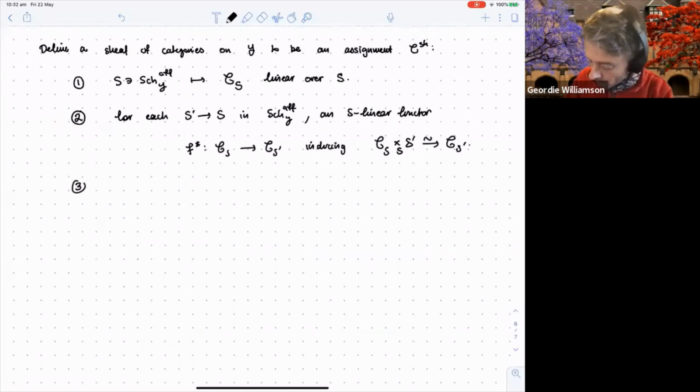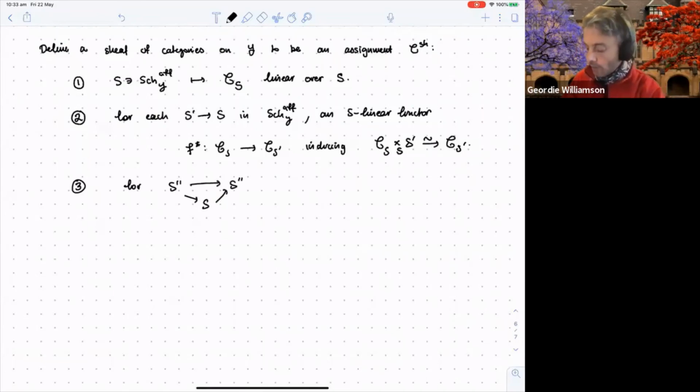And three, we have, if we have S double prime going to S prime. So before, this was the source of the triple compatibility for quasi-coherent sheaves, but now this will be a morphism which will then satisfy a higher compatibility.